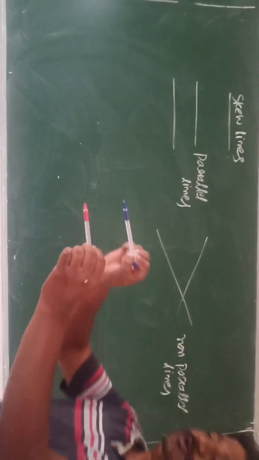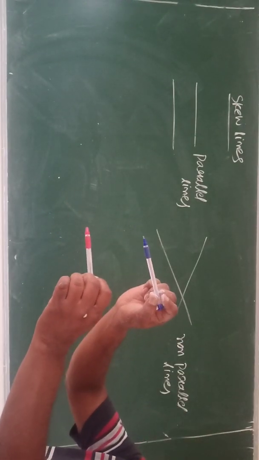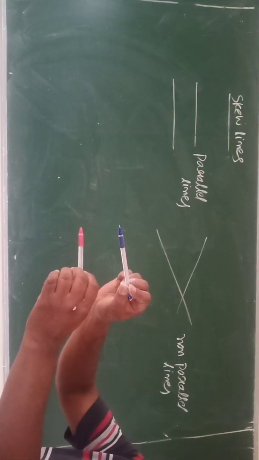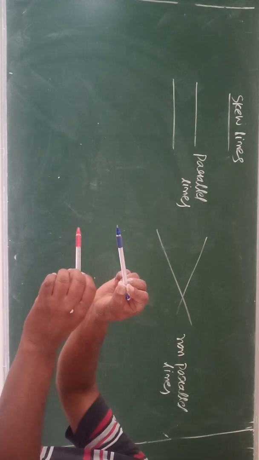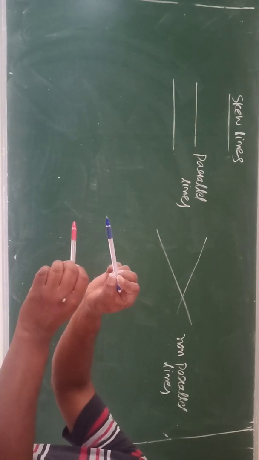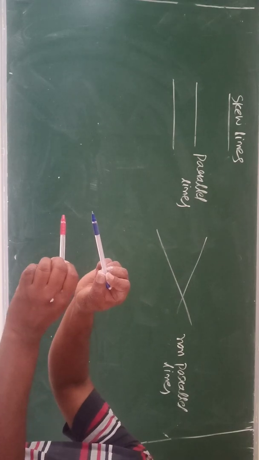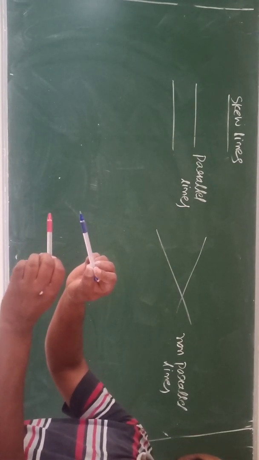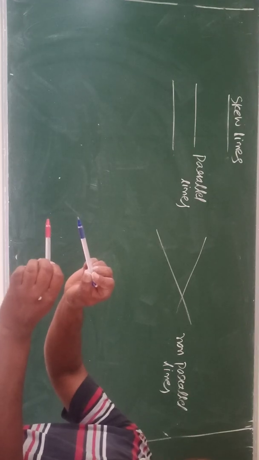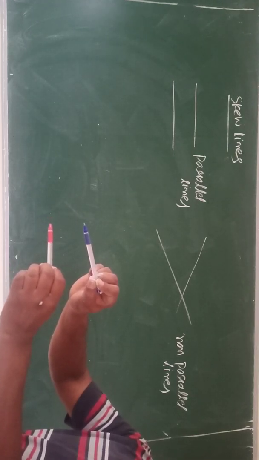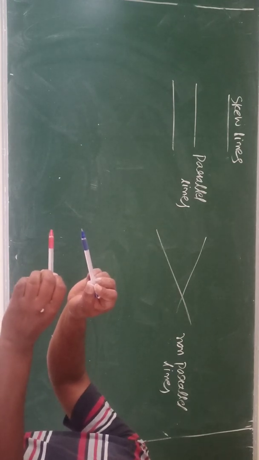Observe these two pens. This is one line, this is one more line. They are non-parallel, yet they are not intersecting. Observe the difference: on a plane, non-parallel lines intersect, whereas in space, non-parallel lines need not intersect.